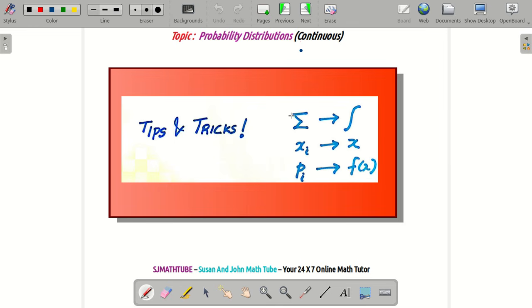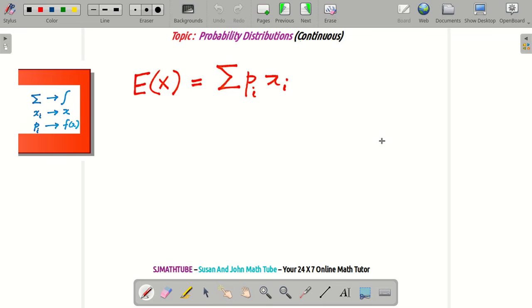So I'll repeat some tips and tricks. Sigma becomes integral, x_i will change into x, and p_i becomes f(x). So, the formula for expectation. Can you guess what the formula for expectation in continuous will be?